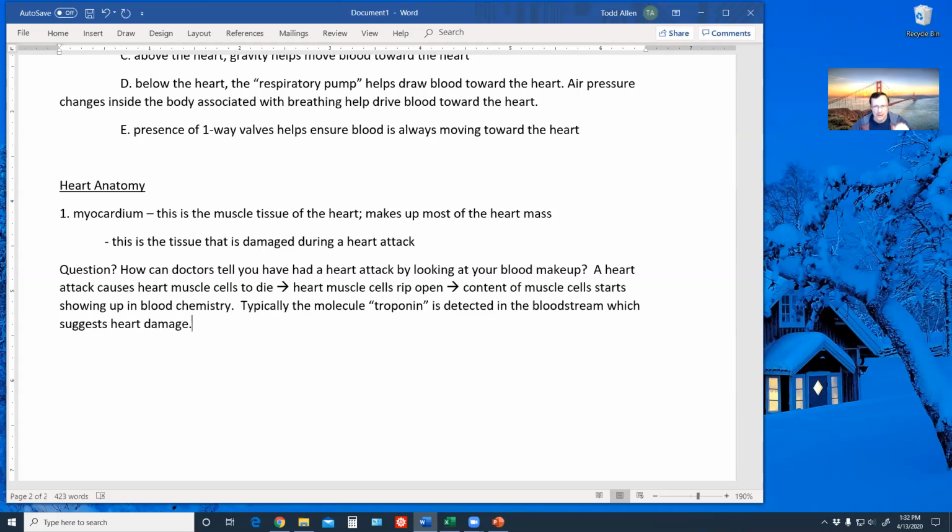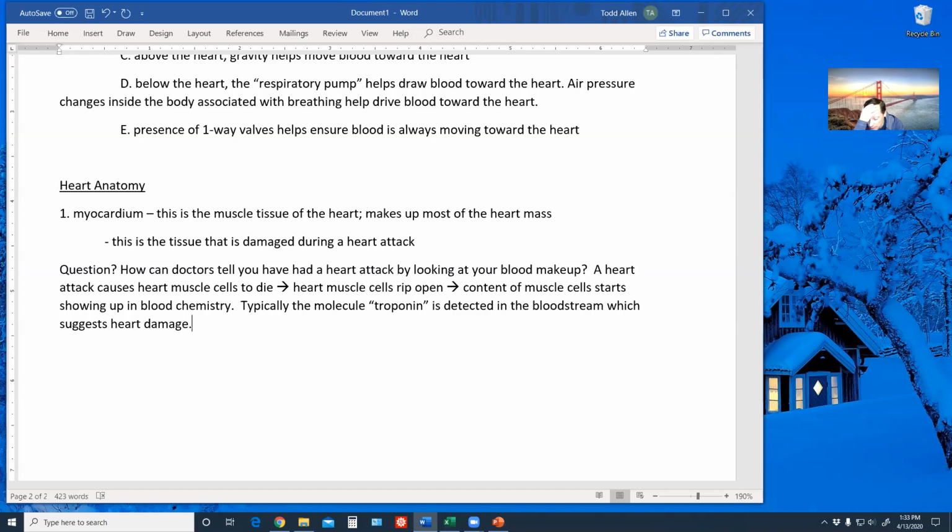Okay, Madison's question, does the same thing happen with a cardiac arrest? It can happen with a cardiac arrest, Madison. If you have a cardiac arrest, that means that the heart has stopped beating. If the heart has stopped beating, you've got to figure out, well, why did the heart stop beating? The heart might have stopped beating because there's an electrical malfunction. An electrical malfunction of the heart is not the same thing as a heart attack. It's not the same thing.